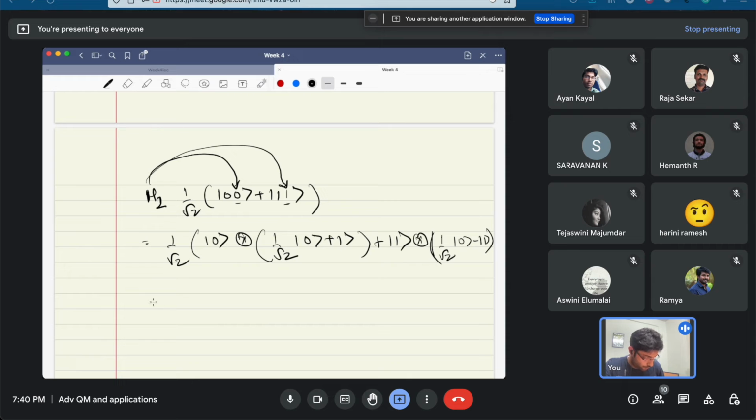Now if you write the whole thing, let's say we take the root 2's out, there is 0 0, 0 1, 1 0 and minus 1 1.